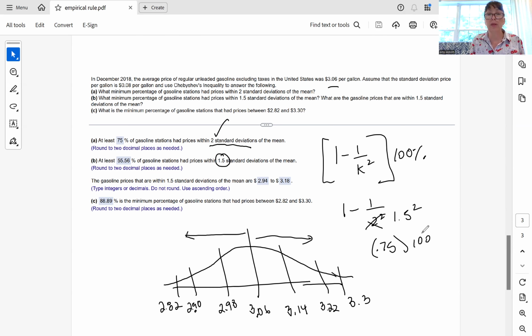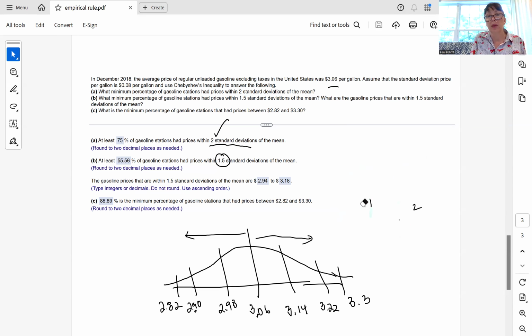And then it says the gasoline prices that are within 1.5 standard deviations. All right, now that takes a little bit more work. Let me erase a little bit so we got some room for it. This is another formula. To figure that one out, you want to take the average, which they call mu, minus 1.5 standard deviations, and the average plus 1.5 standard deviations.